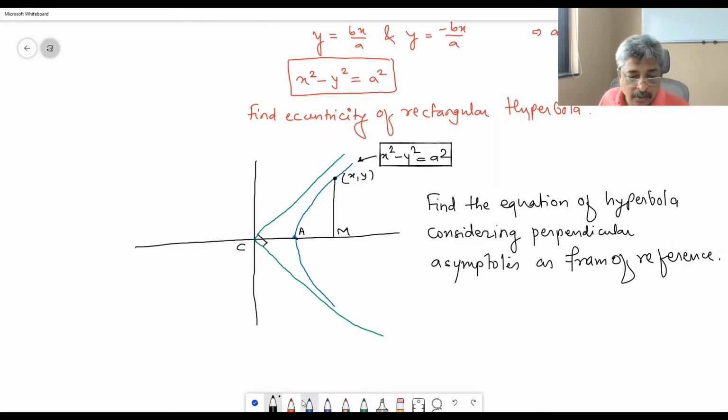To help you a little bit, what we wish to find out is, maybe you draw a line parallel to one of the asymptotes here. Let there be a perpendicular from here. Let this point be N.